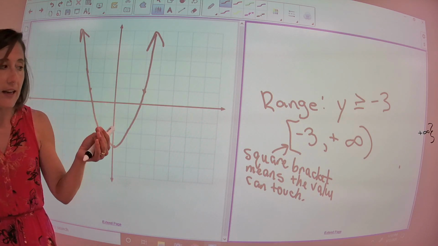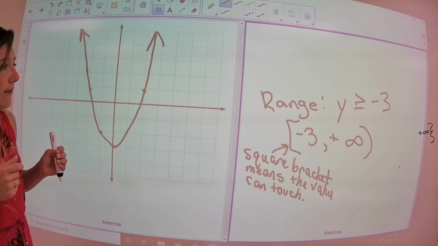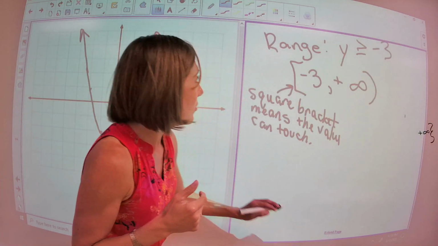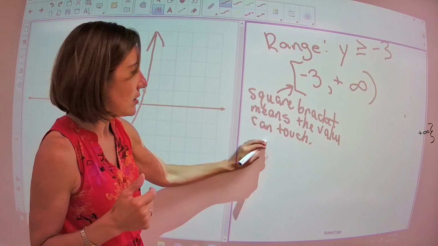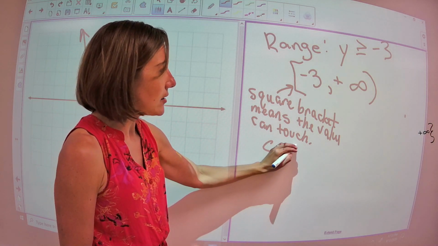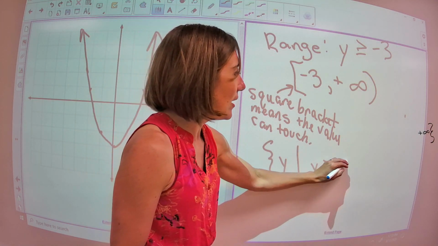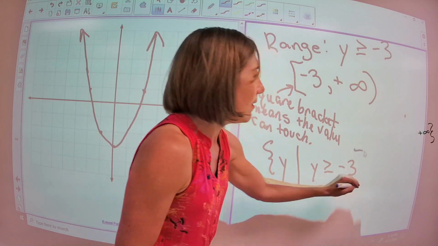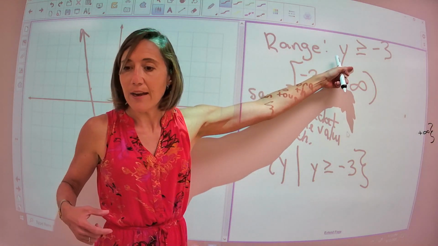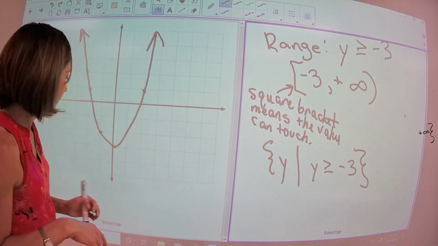Never gets to infinity, but it does get to -3. Okay, so that's a little bit different. Now let's look at set notation for this. So set notation is the fancy version. So it's fancy bracket, the set of all y's such that y is greater than or equal to -3. And then close your fancy bracket. So it's the same information that you had in inequality form, just fancied up a little bit.